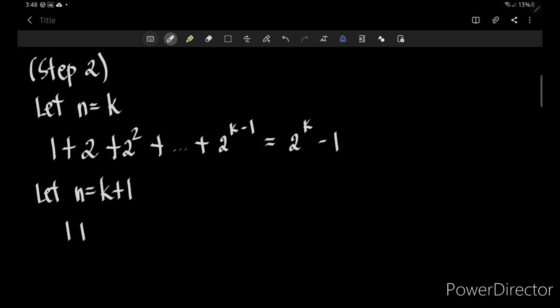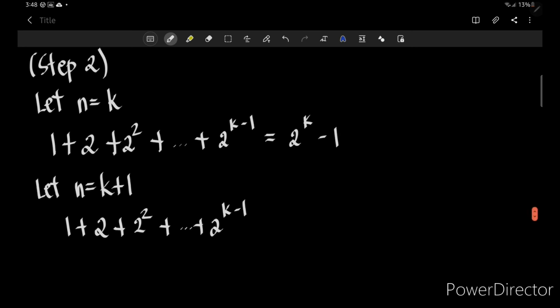So, we have 1 plus 2 plus 2 squared plus all the way up to 2 raised to k minus 1. And yung kasunod nito is 2 raised to k plus 1 minus 1. At yung nasa right side, papalitan lang din natin yung k ng k plus 1.